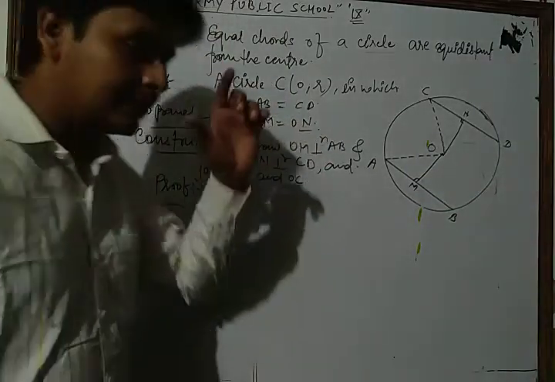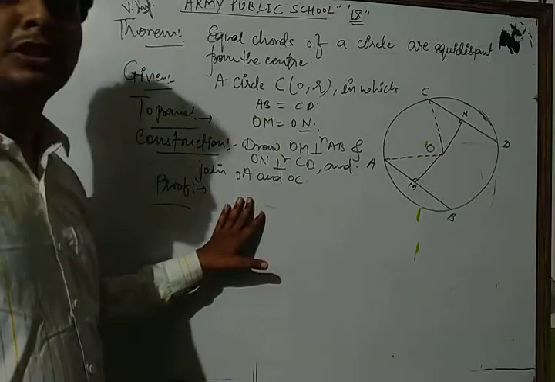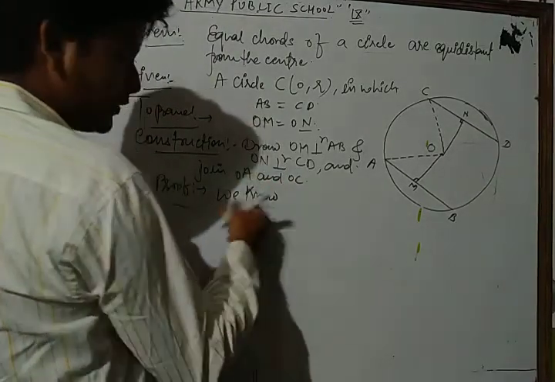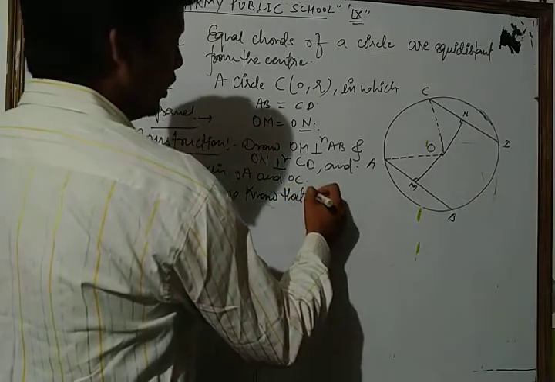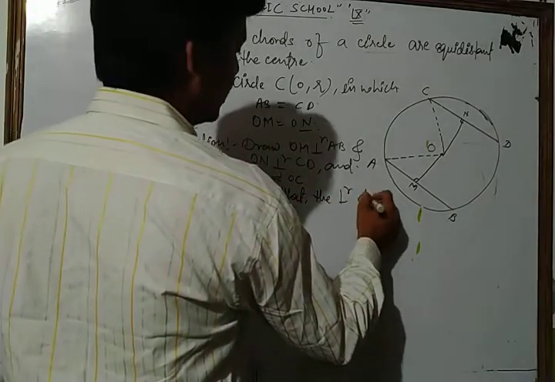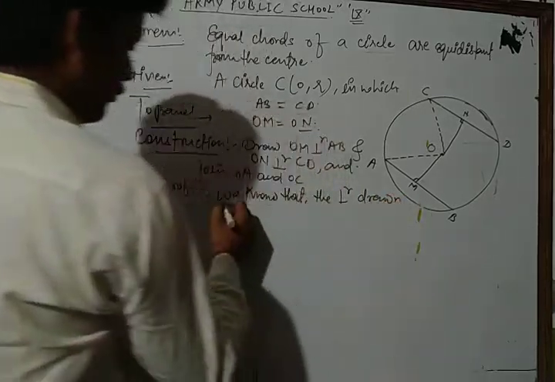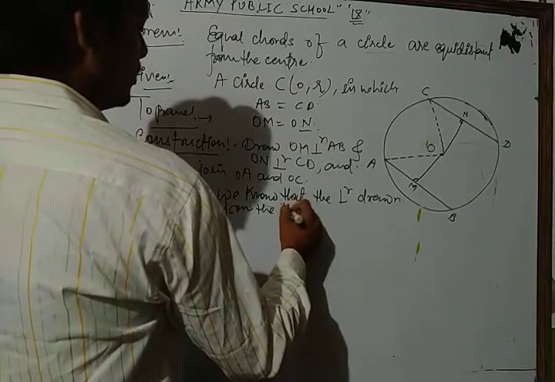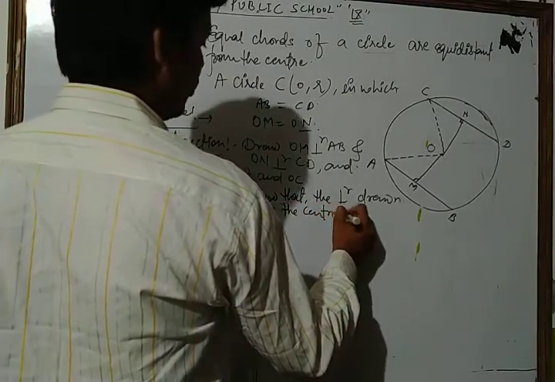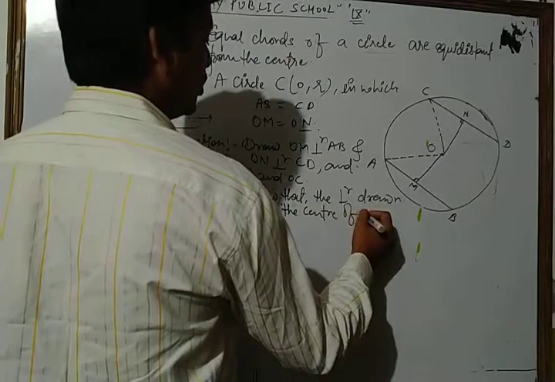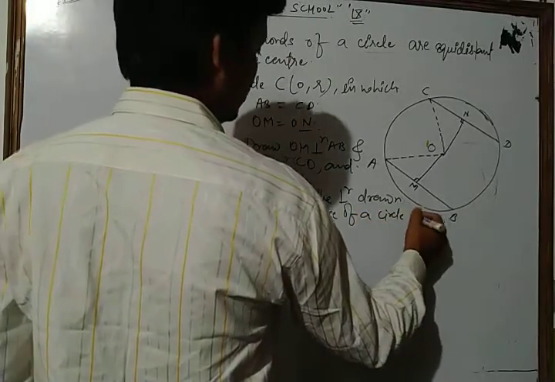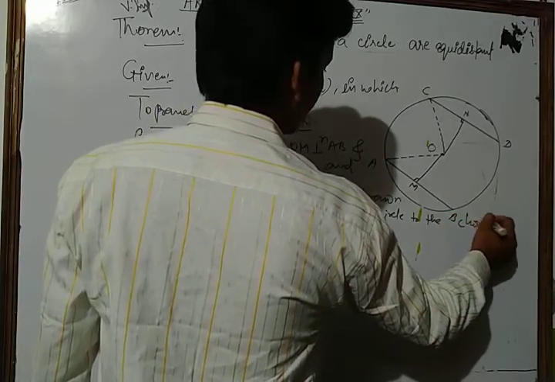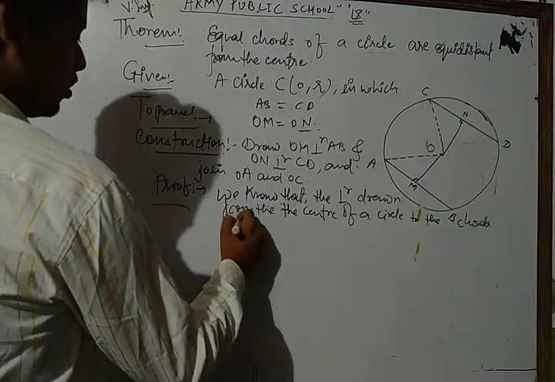So we write this statement in this place. So here, dear students, we know that the perpendicular drawn from the center of a circle to the chord bisects the chord.